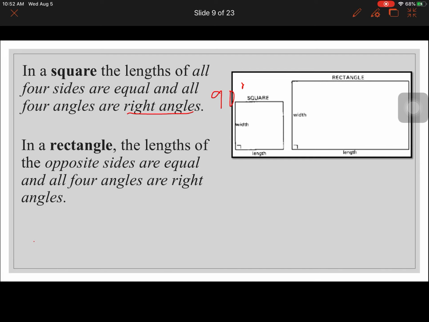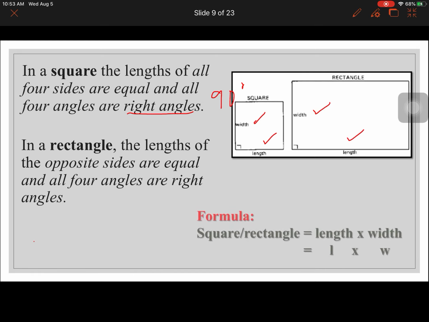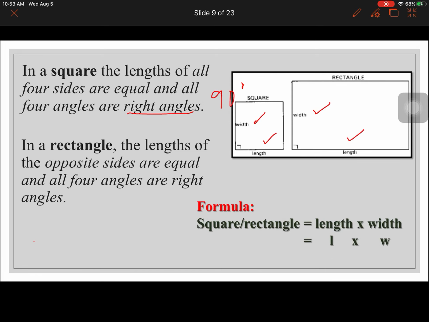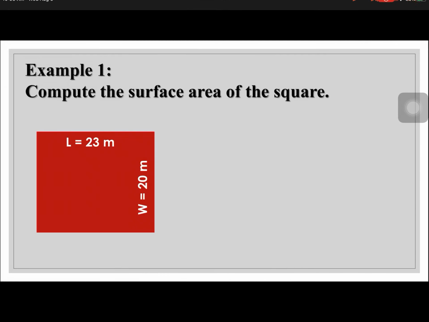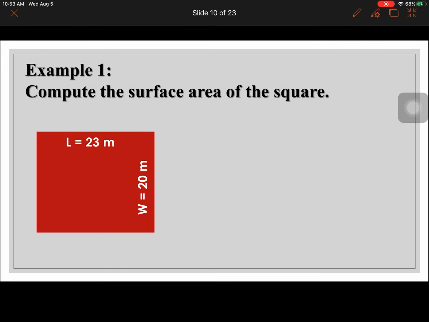On the left side, square and rectangle use the width and the length to compute the value of surface area. So the formula we use is length times width. Example number 1. Compute the surface area of the square.